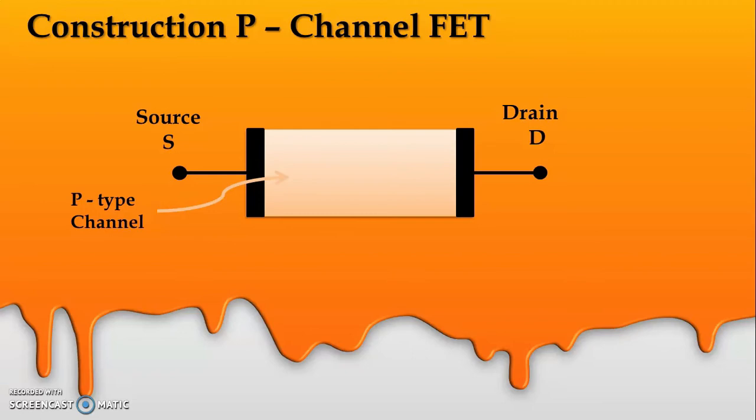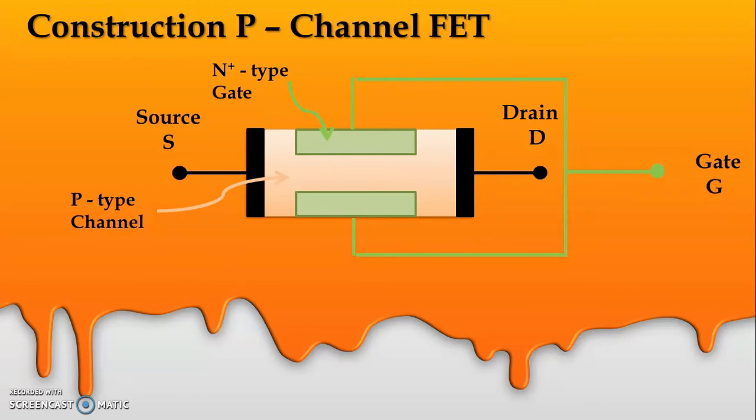In a P-channel field effect transistor, holes are the majority charge carriers. On both sides of the P-type material, we have a heavily doped N-type semiconductor material, which makes the gate. From both sides it is connected together and it is known as the gate. So this is the very basic structure of the P-channel field effect transistor.